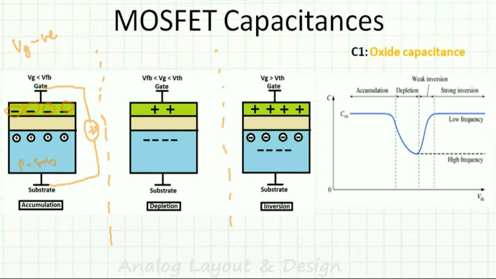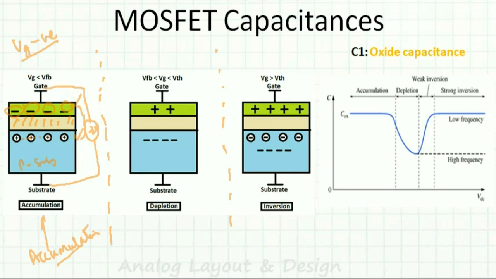All the positive charges accumulate at the oxide interface. This is the negative plate, this is the positive plate, and this is the insulator. A capacitance gets formed, the oxide capacitance, when Vg is negative, and that is called accumulation. So this is the accumulation region.